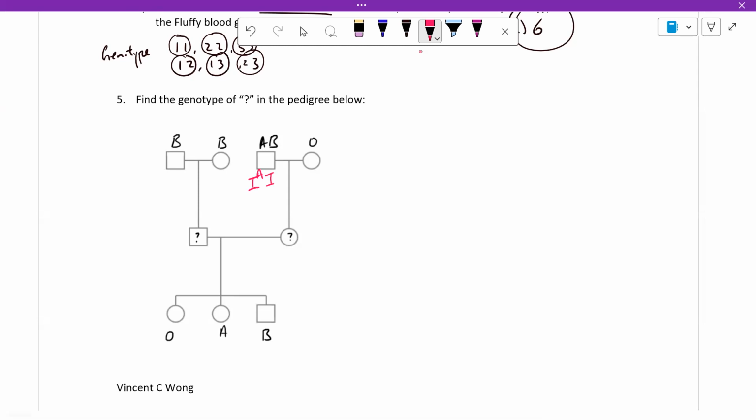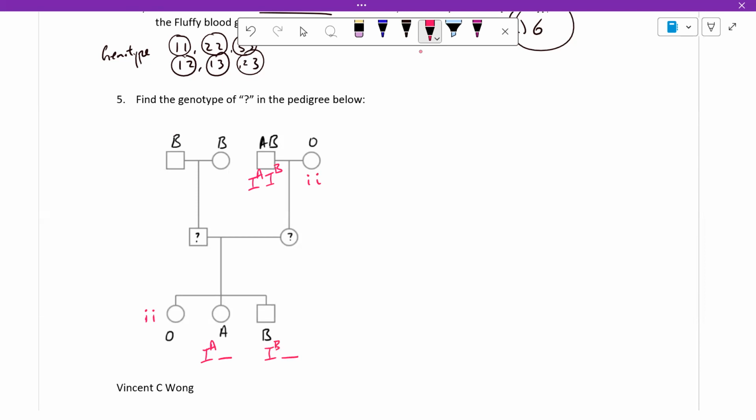So you write down the genotype of A, B, and O first. Those are the ones that have only a single genotype, right? There's no other way for someone to be type O other than little i. And for type A, it is going to be IA something. We don't know what the other one is.